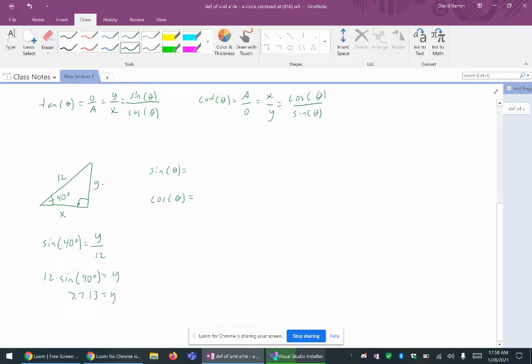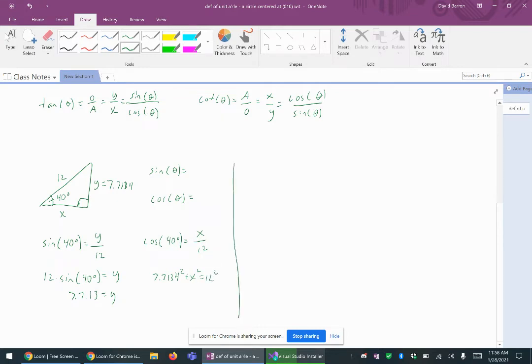And then you could use a variety of methods to solve for x. I could set up another trig ratio and solve for x, or I could use the Pythagorean theorem and solve for x. Either way, okay.